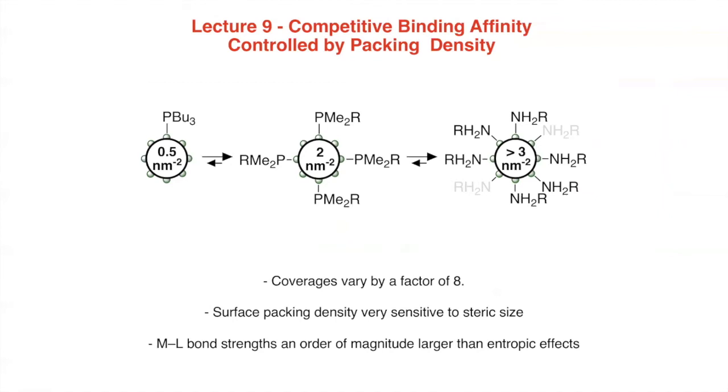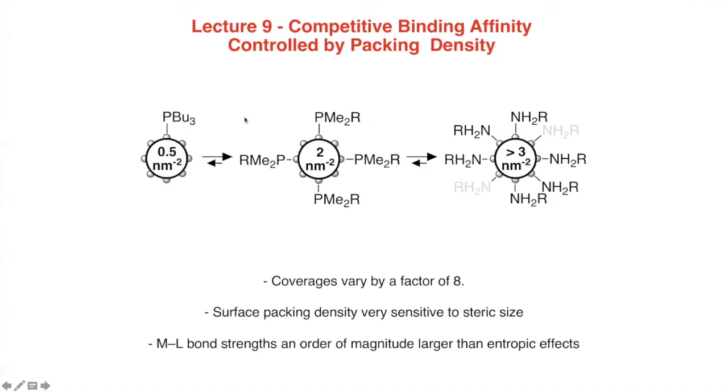So here are three different case studies where we have these simple molecules: tributylphosphine, dimethyl-N-butylphosphine, and then N-butylamine. If you make these materials and isolate them, you'll find the coverage of ligands varies pretty dramatically between these various molecules.